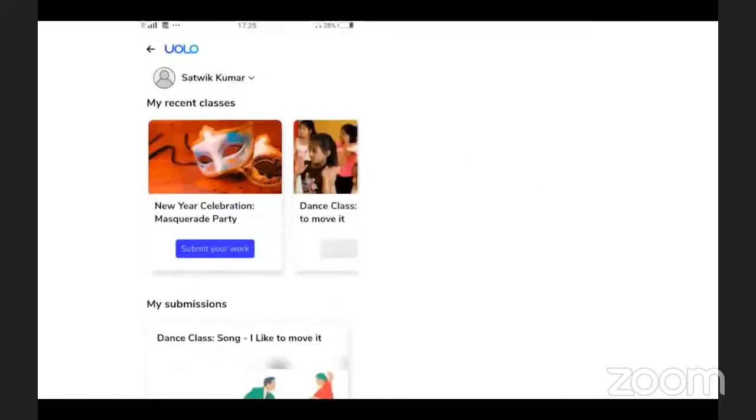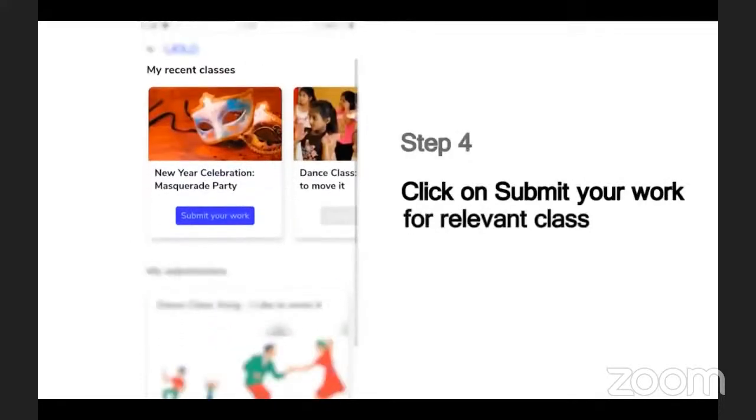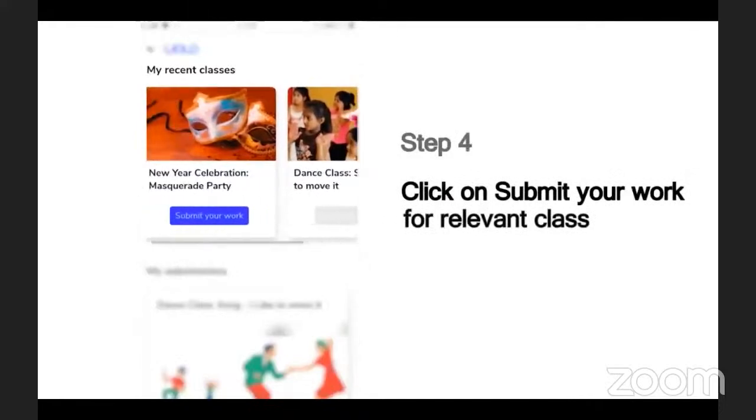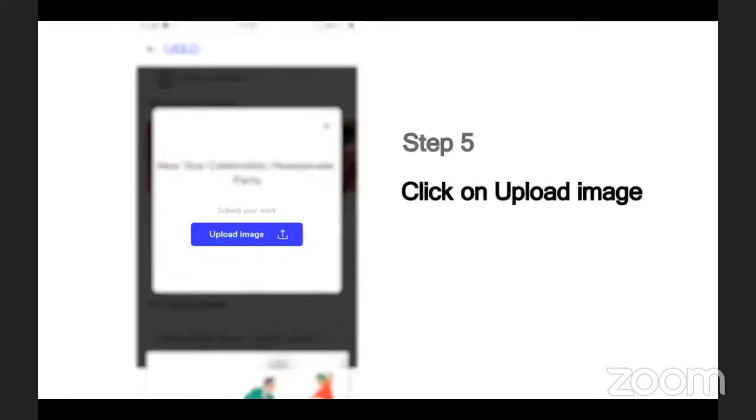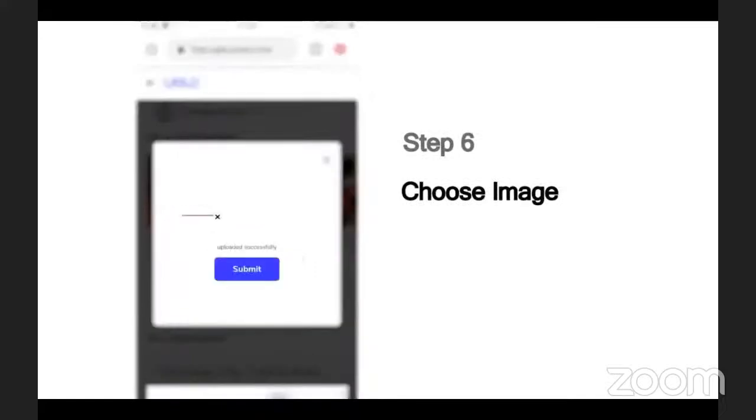Then choose the class for which you would like to make your submission. For example, if you've attended the New Year's Masquerade Party session and you'd like to make the submission for this class, click on the Submit Your Work button below that. Then upload the photo you've taken. Choose the image from your phone and click Submit.